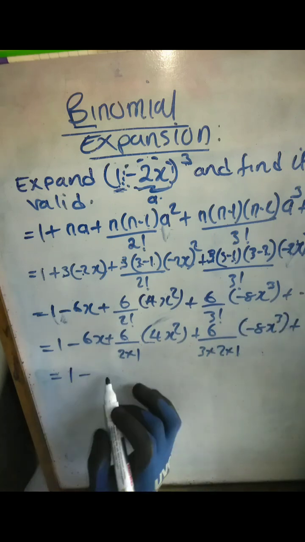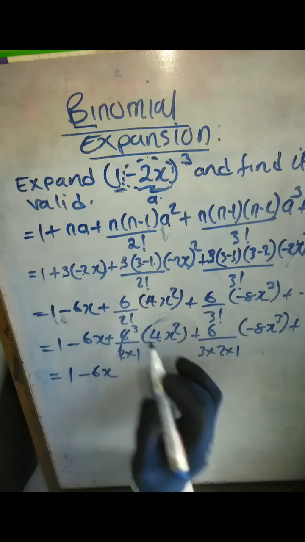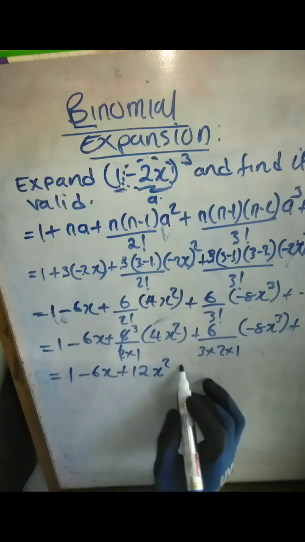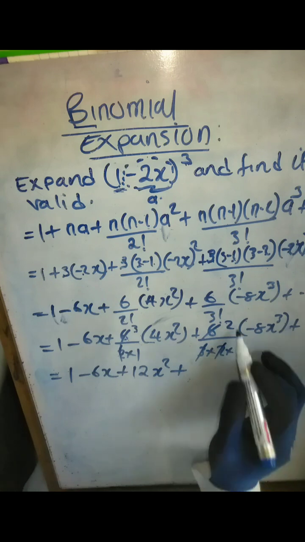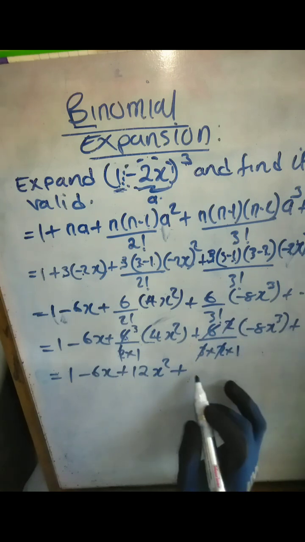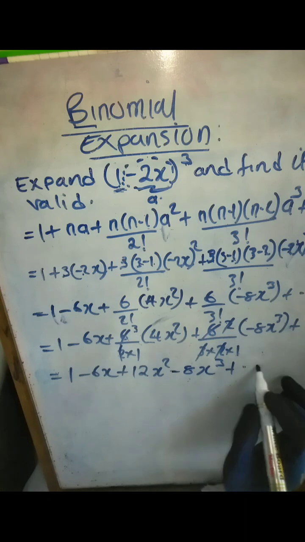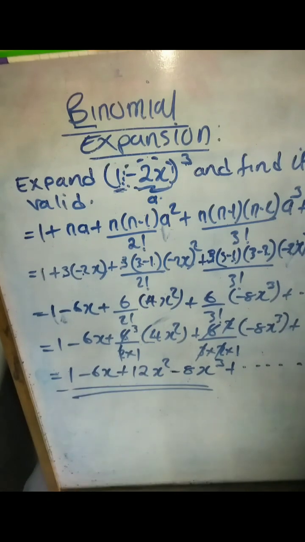So this gives us 1 minus 6x, then 6 over 2 times 4 is 3 times 4, positive 12x squared, plus 6 over 6 times negative 8 gives negative 8... so negative 8x to the power 3, plus and so on. Then we've expanded this binomial.